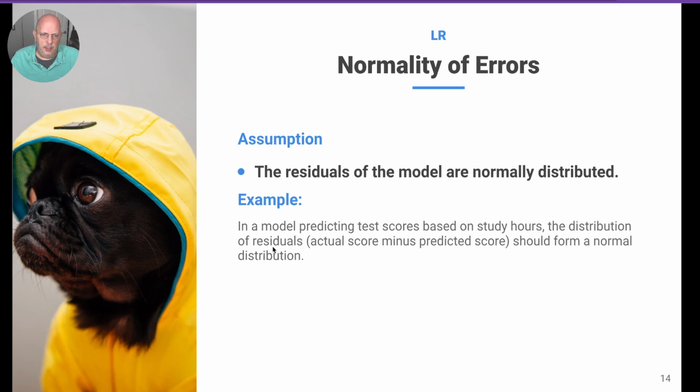The distribution of errors should be a normal distribution. Now, that's not always the case, because some things have a one-way skew. Income maybe, poverty level, things like this might not have a normal distribution of errors. So we have to be really careful.